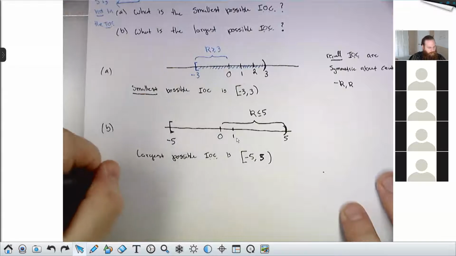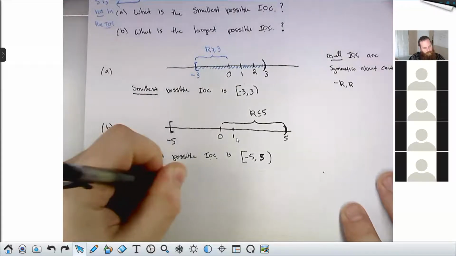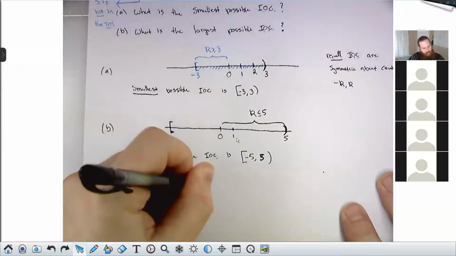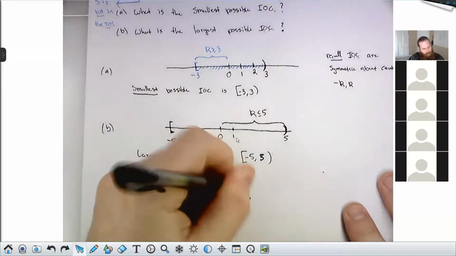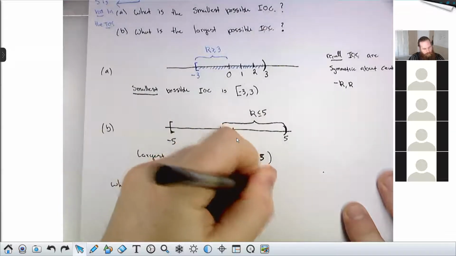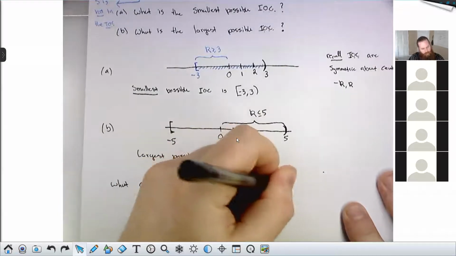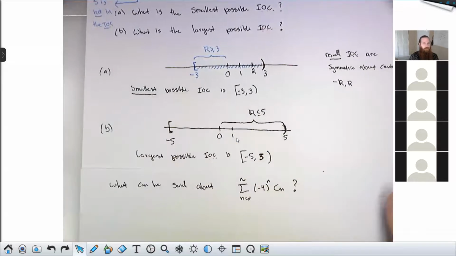What can be said about the sum from n equals 0 to infinity of -4 to the n times Cn? -4 would be your x, right?